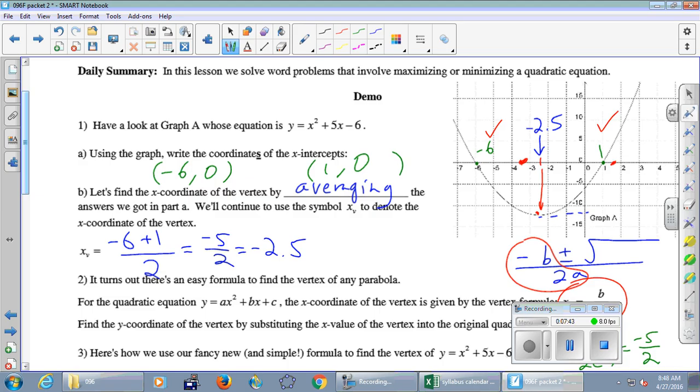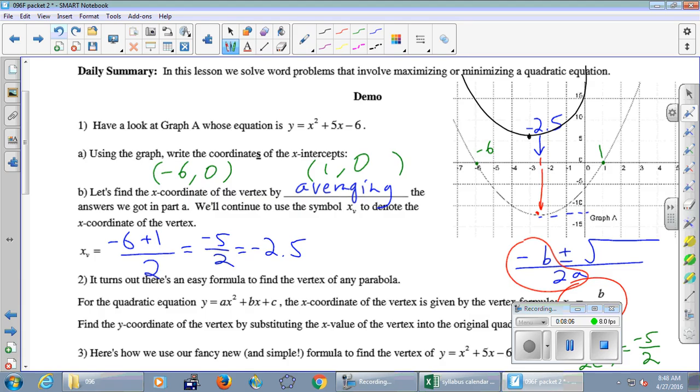Another nice thing about our formula is that suppose that you had a parabola that looked like this. Does this parabola have a vertex? Sure, it's this bottom point right here. The old method to find the vertex was to average the x-intercepts. Could we do it here? No, it has no x-intercepts.